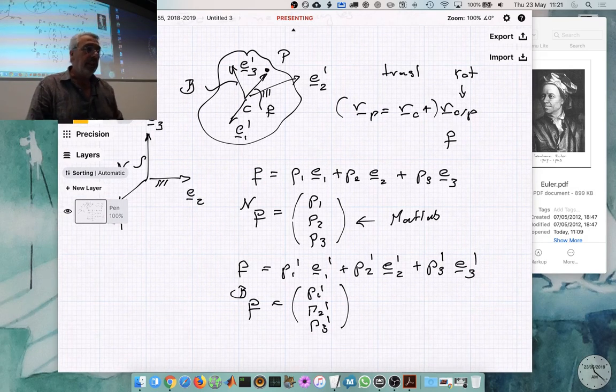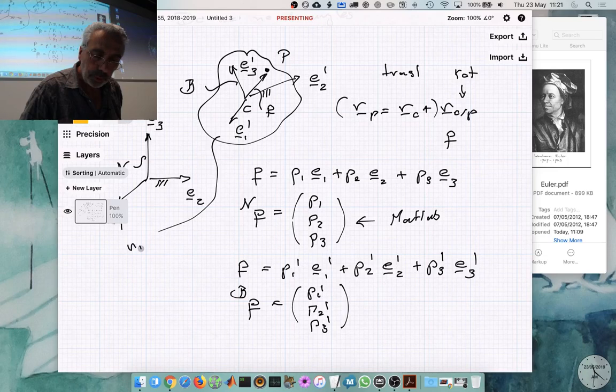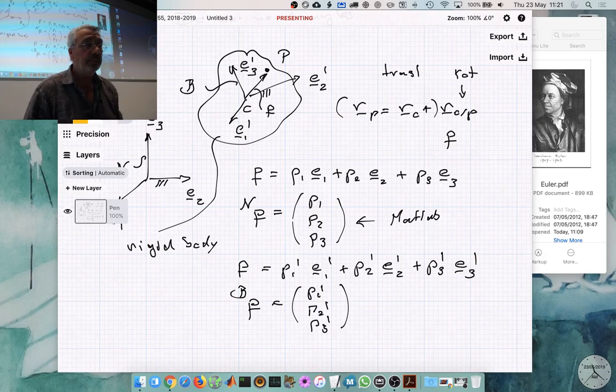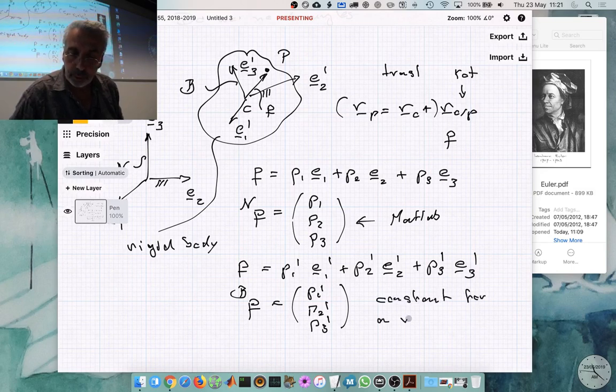Now, why would we do that? What is the big advantage? What is so special about these components if this is a rigid body? Yeah, they're constant for a rigid body.